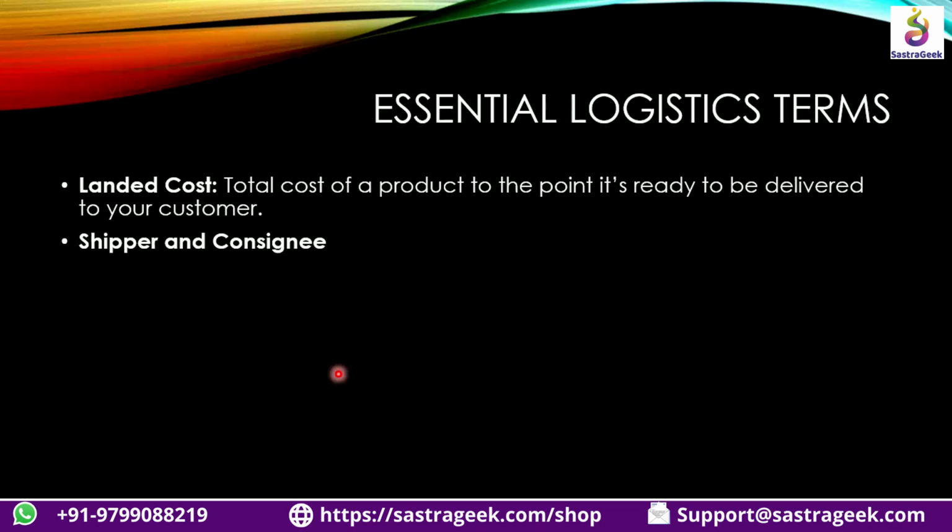When you talk about the shipper, it is somebody who is actually shipping out the goods, actually sending the goods. And the consignee is the one who is receiving the goods altogether.